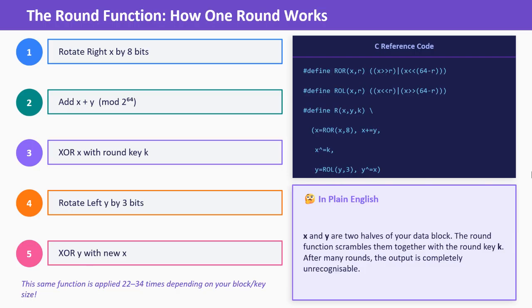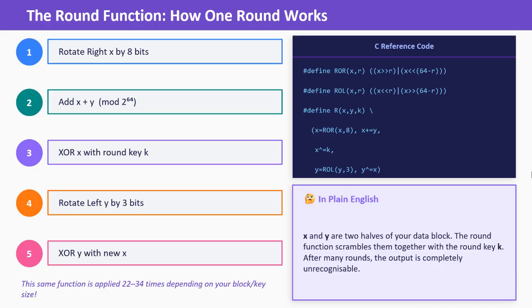Okay, so the round function: how does one round work? You rotate x by 8 bits, then you add x plus y mod 2 to the power of, what is it called, 2 to the power of 8. In my case, I think it's subtracting by 8 in my personal code.